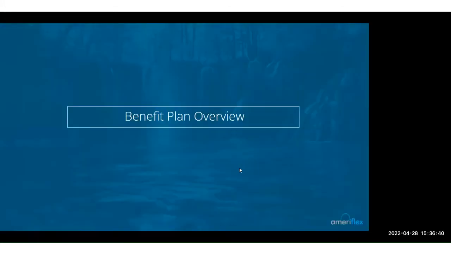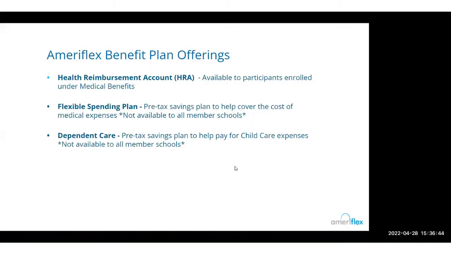All right, jumping right into the benefit plan overview. Ameriflex offers 3 different plan types, and not every member school may offer each of these, so please disregard if the name is not familiar to you, but I wanted to make sure I included them all here in this presentation. So the first account that may be familiar to you is the health reimbursement account.